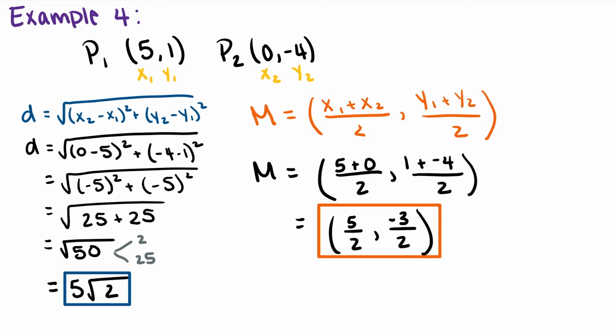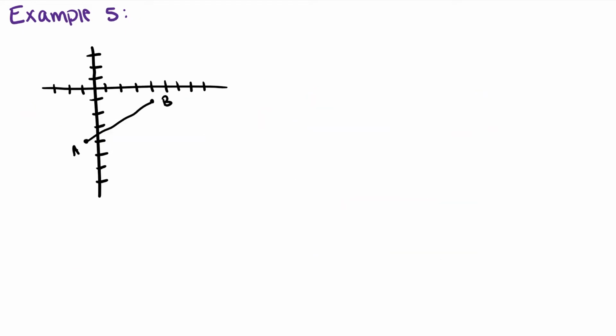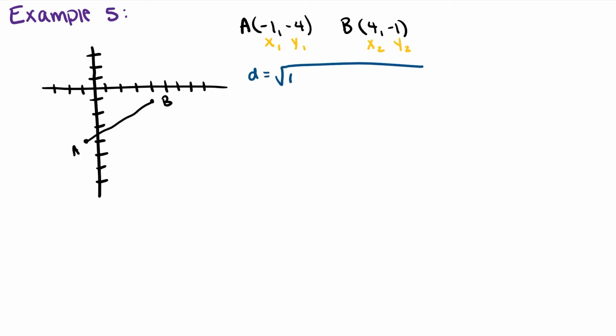Let's look at another example, going back to having a line segment on a graph and having to find our distance and midpoint. So from our graph, we can see that our A is -1, -4, and B is 4, -1. After we identify our x1, y1, x2, y2, we can plug this into our distance formula.